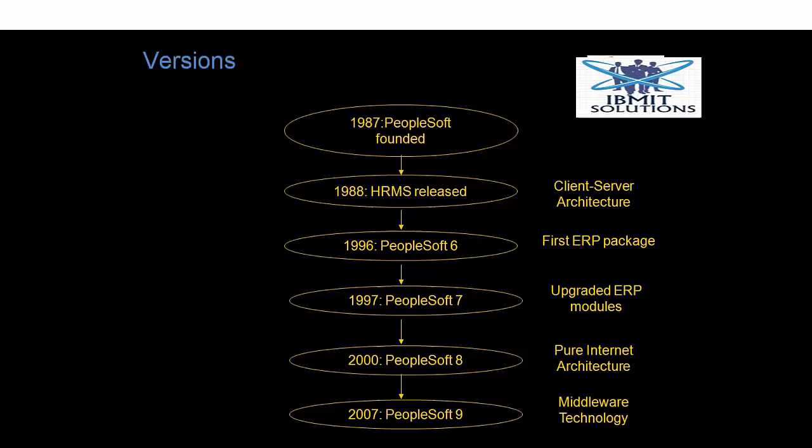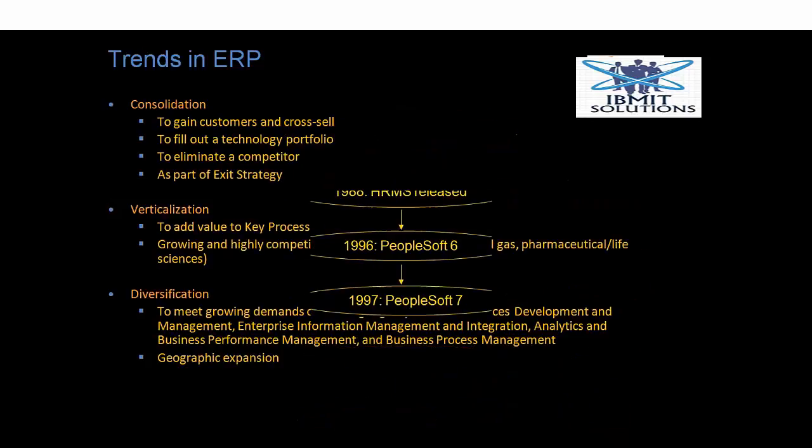The versions internally were 8.0, 8.5, 8.6, 8.7, 8.8, 8.9, 9.0, 9.1, 9.2. The latest version of PeopleSoft is 9.2.